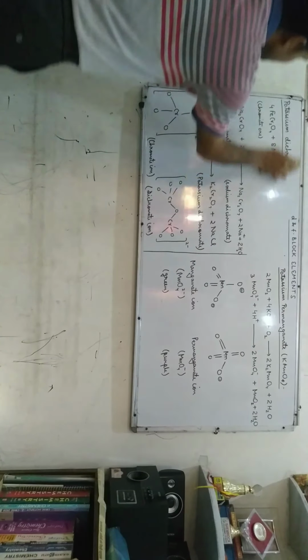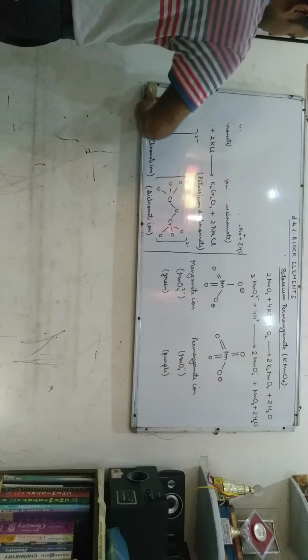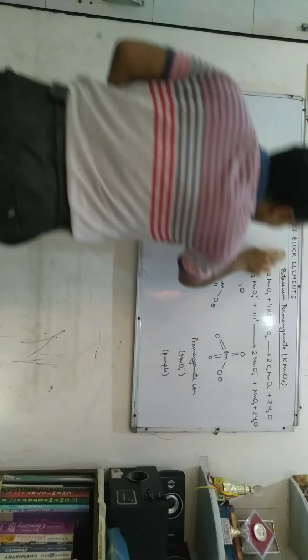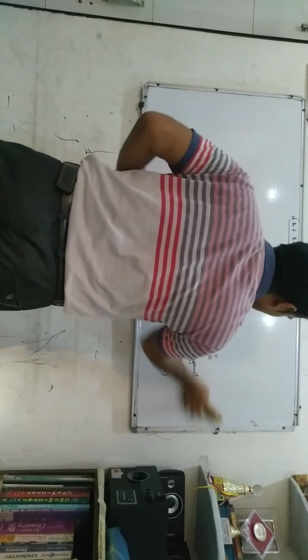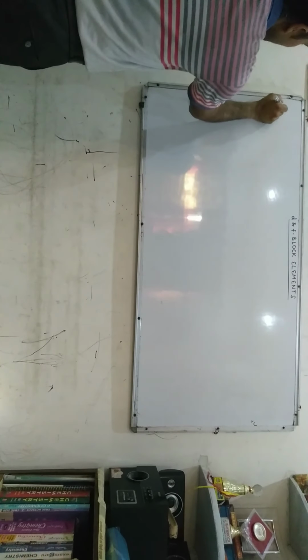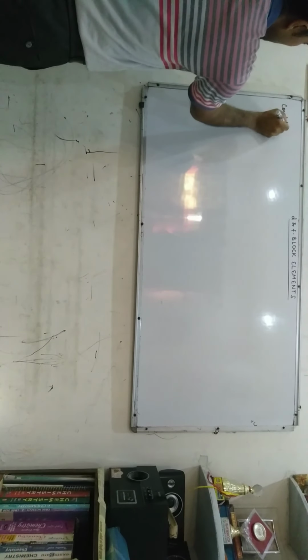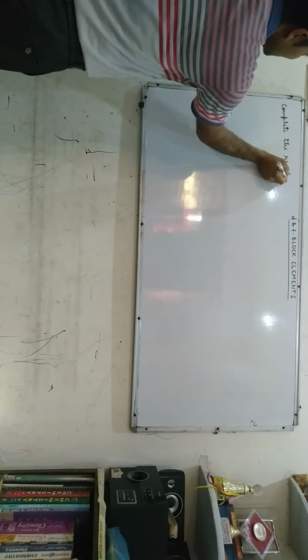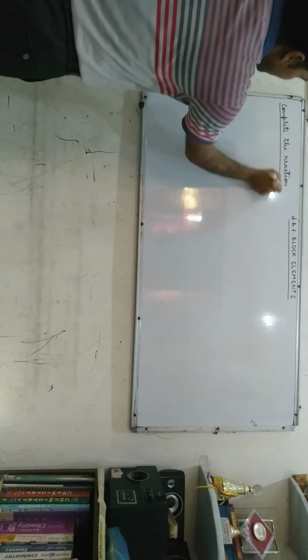Now, a one mark question may be asked from this topic, which is based on balancing the equation, complete the reaction, in which we have to balance as well as complete the reaction.